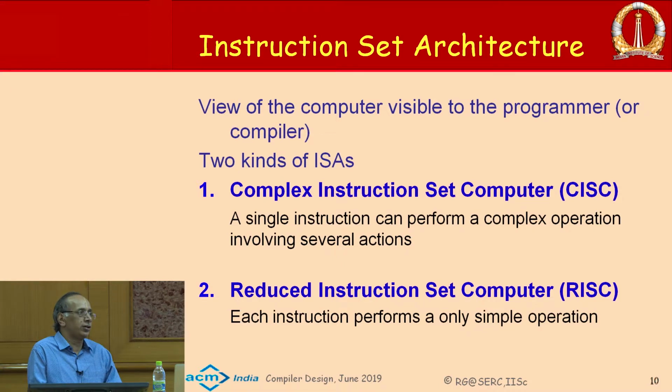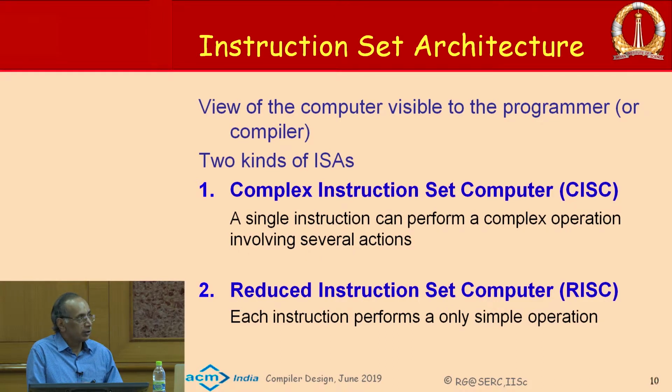In the complex instruction set architecture, one operand can be in memory. This is typically what it is, although in olden day architectures even both operands could be in memory. These days complex instruction set architectures support only one operand in memory, okay.